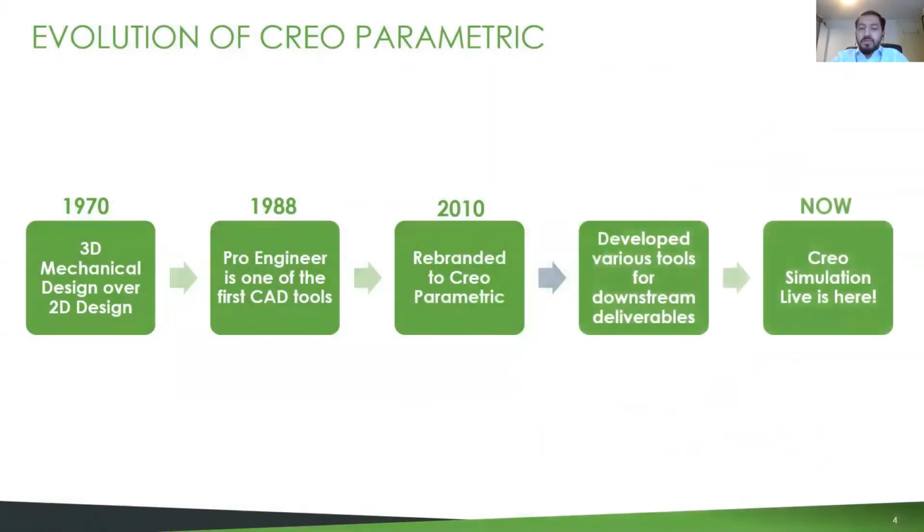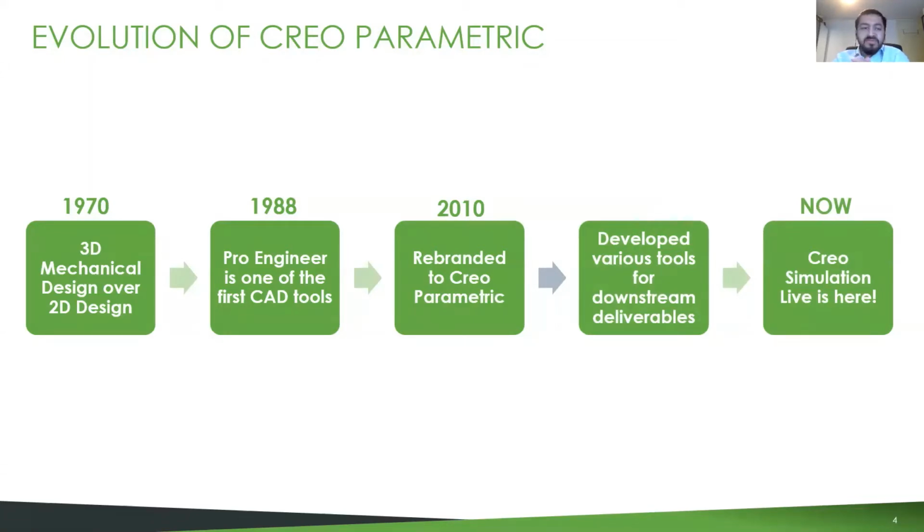So the first thing we want to speak about is the evolution of Creo Parametric. A lot of people may not know that Creo Parametric was not originally Creo Parametric. In 1988, when it was one of the first CAD tools made, it was labeled as Pro Engineer. Only at a later date, when it acquired Co-Create, did Pro Engineer rebrand to Creo Parametric in 2010.